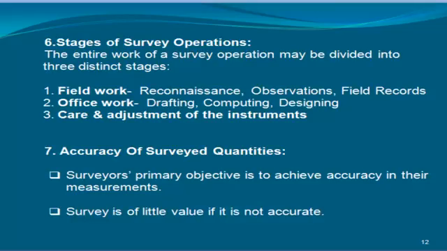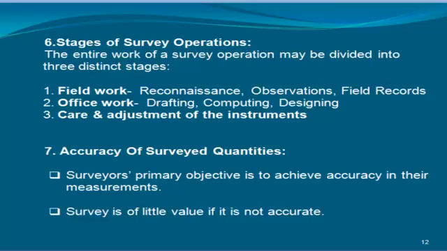Let us first discuss the field work. It consists of taking the measurements, detailed recording of field notes and setting out of works. Office work consists of preparing maps, plans and sections from the data collected in the field and also calculating the areas and volumes and designing the various structures.